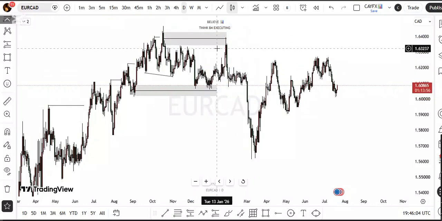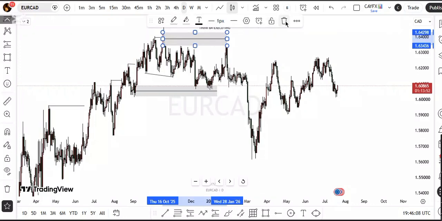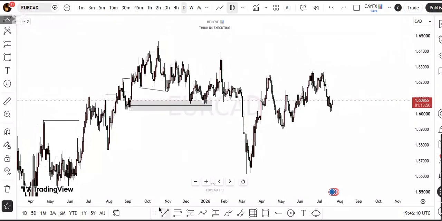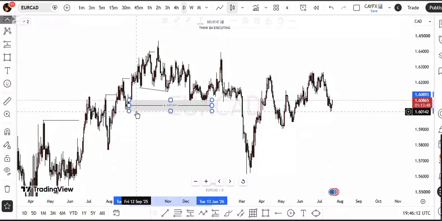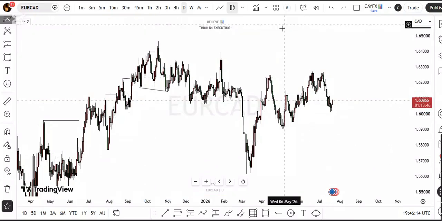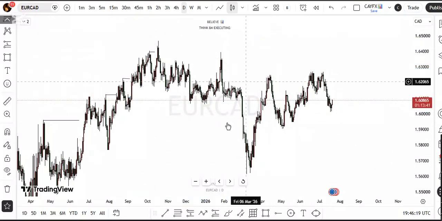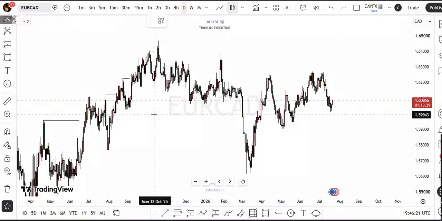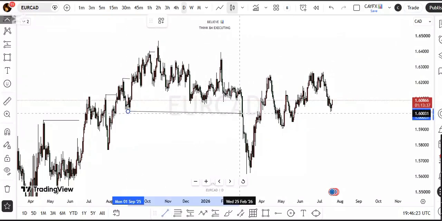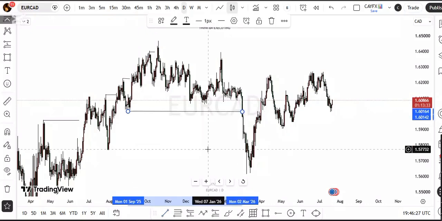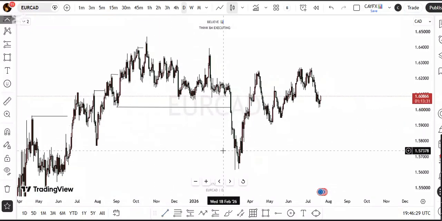Now remember what I said during my introduction. I said that markets don't have to break the swing low in an uptrend. What happened is that the market came and broke this low and began to change character.